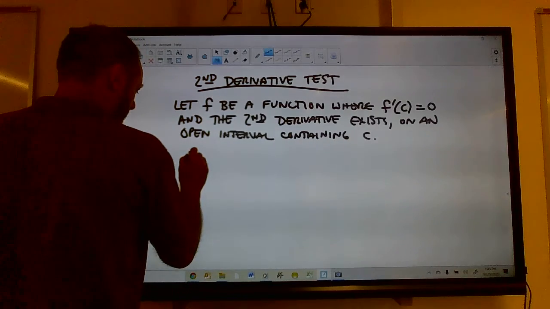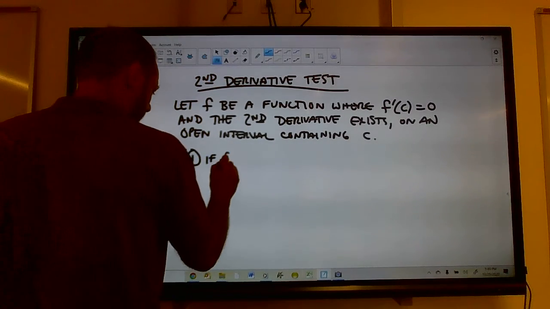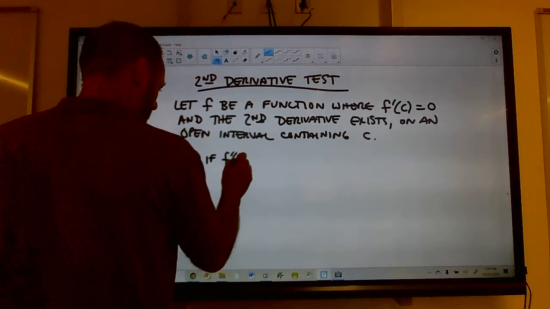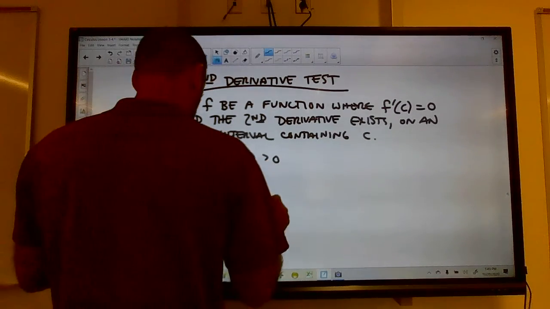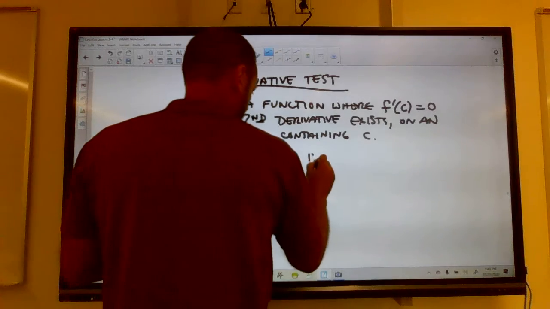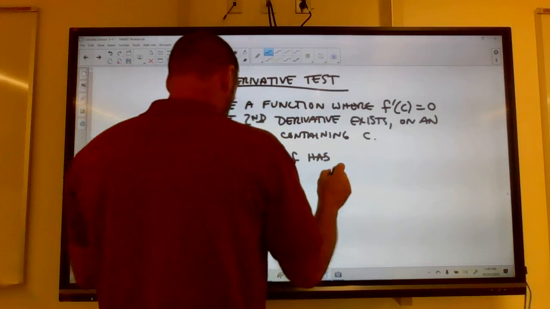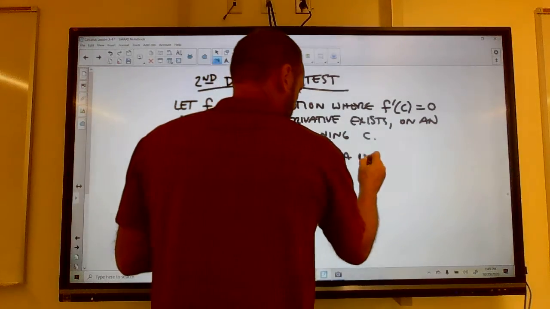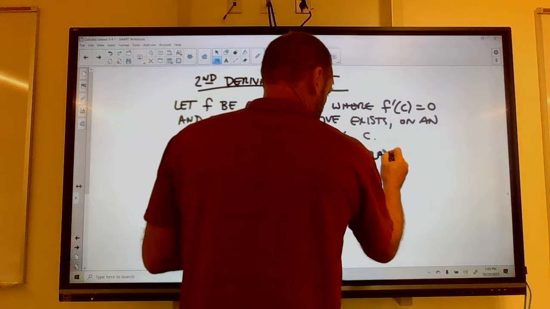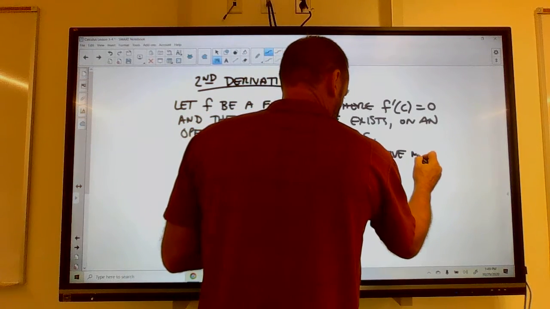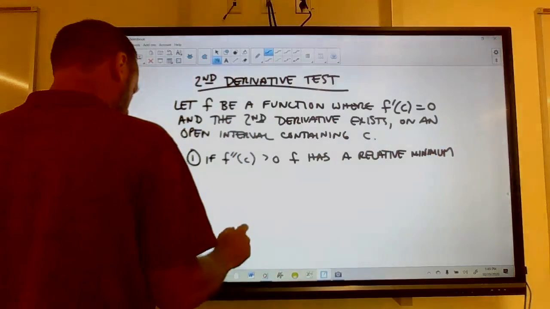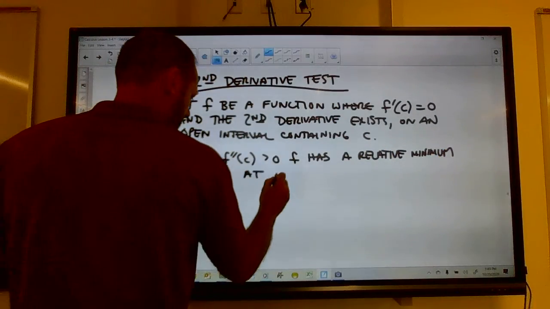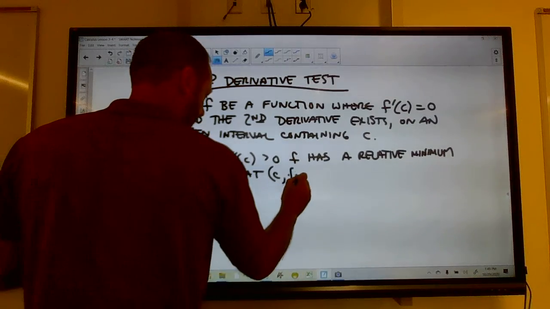Then 1, if f double prime of c is greater than 0, f has a relative minimum at c, f of c.